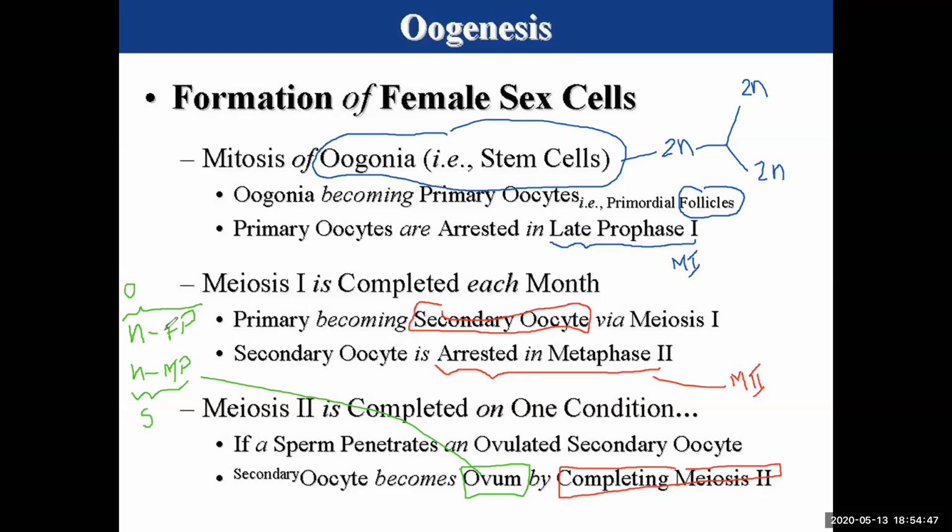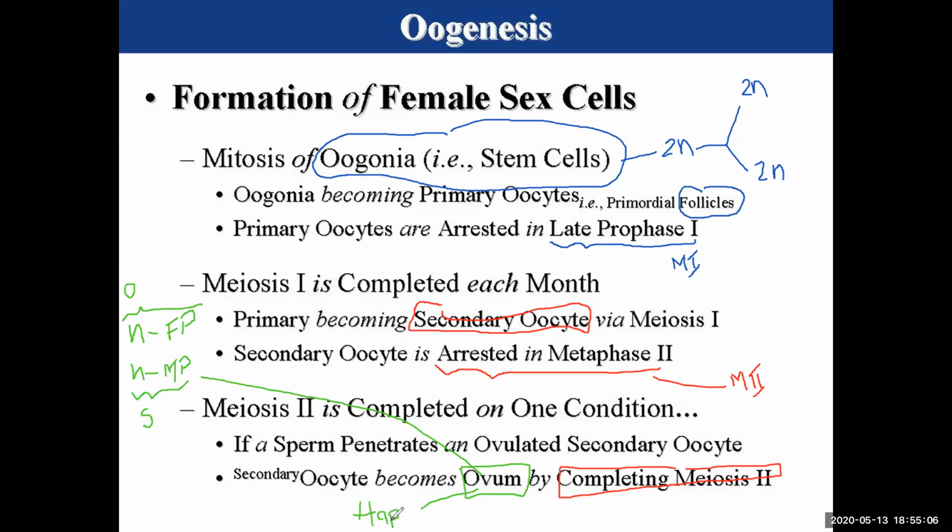They are not fused yet into one nucleus. So technically speaking, the ovum contains 46 chromosomes, but it's considered to be a haploid cell.